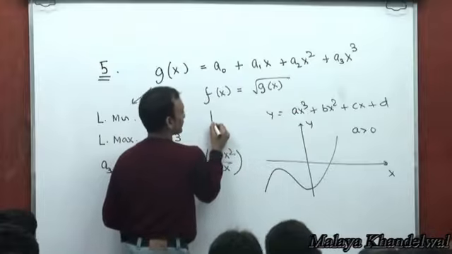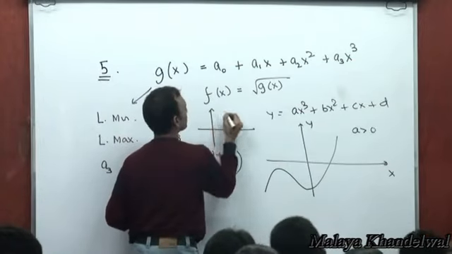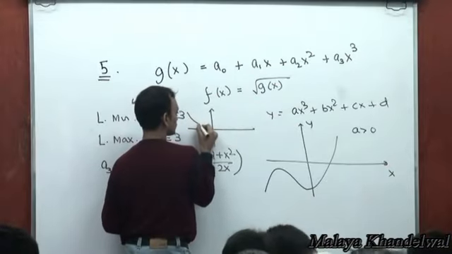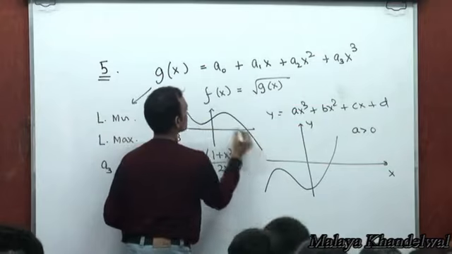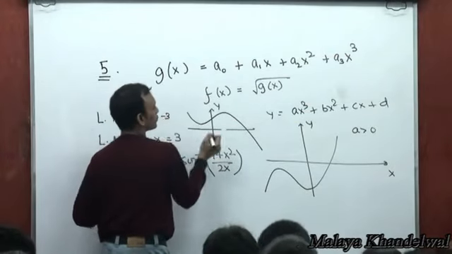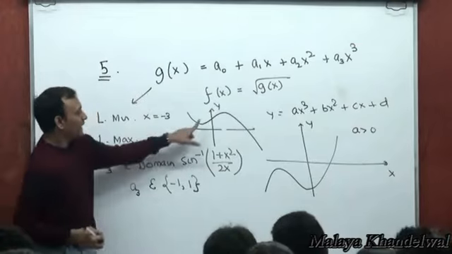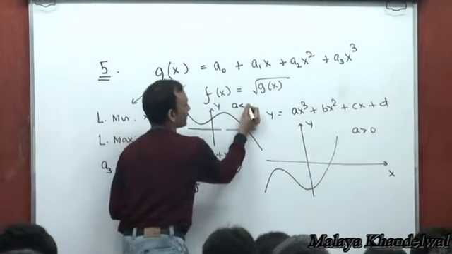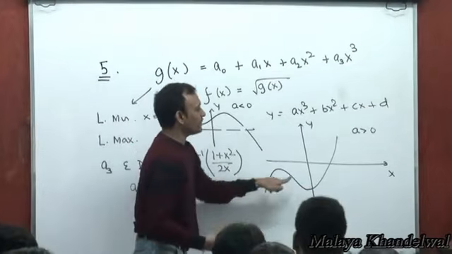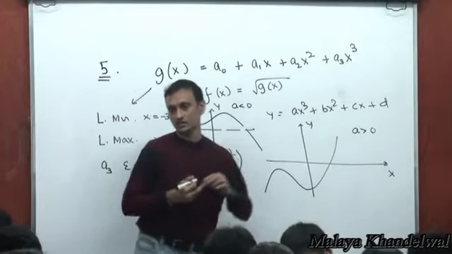And when a was negative, this was the graph of the cubic. Do you realize that? When a was negative, the graph of the cubic started here and went this way. If a was positive, the cubic graph was like this.